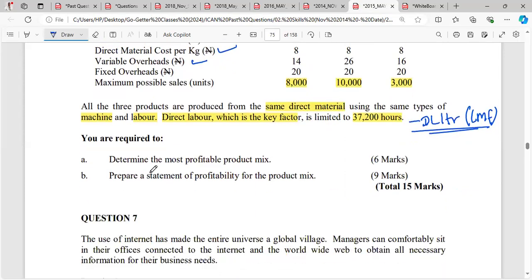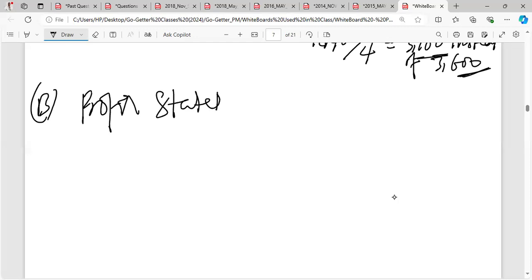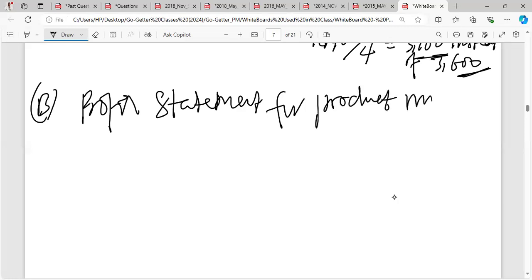Now the B part, prepare a profitability statement for the product mix. So you are now going to do the B part. Profit statement for product mix. So we have your X, Y, Z, then we have total.